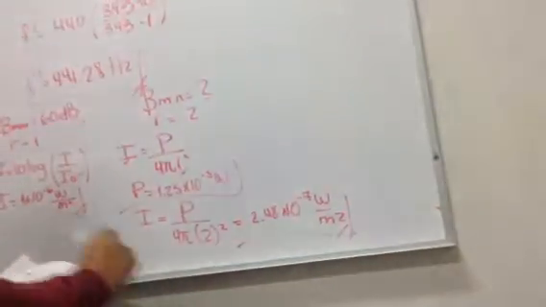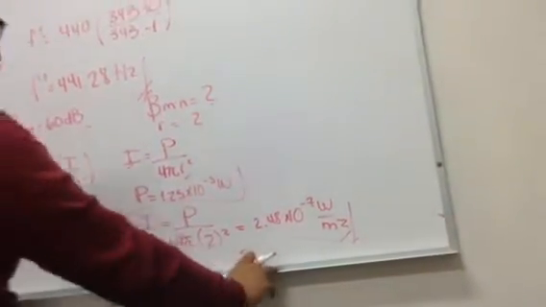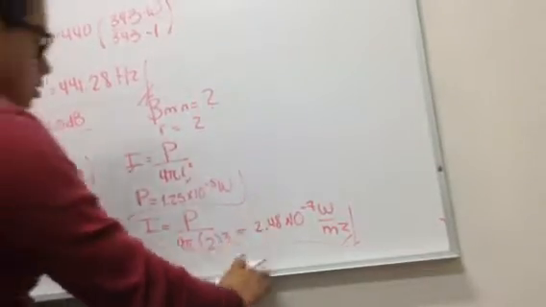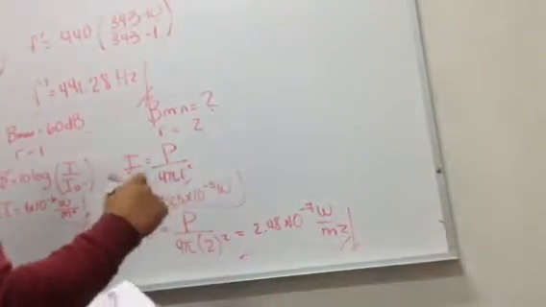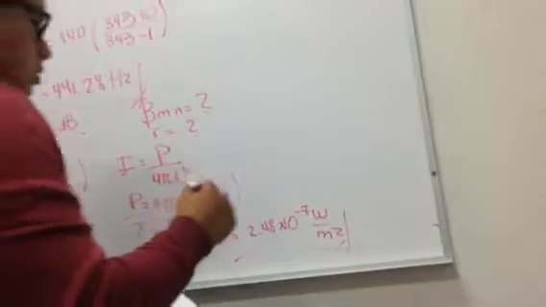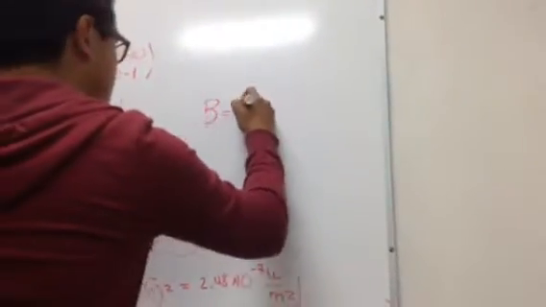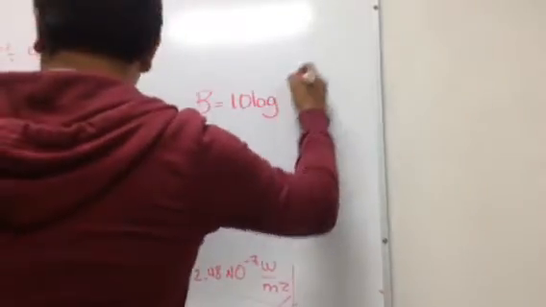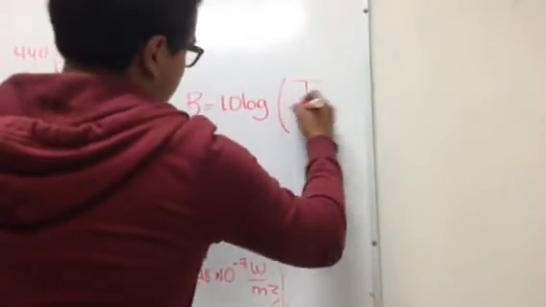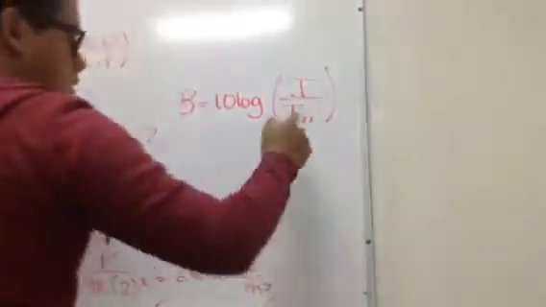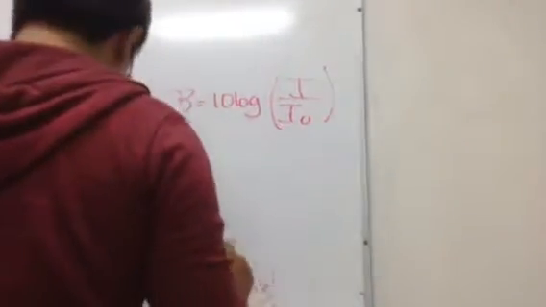Now we can get the minimum decibels, because this is the lowest intensity. So we need to apply the second formula again, which is B equal 10 log of I over I naught, and I is what we just found here.